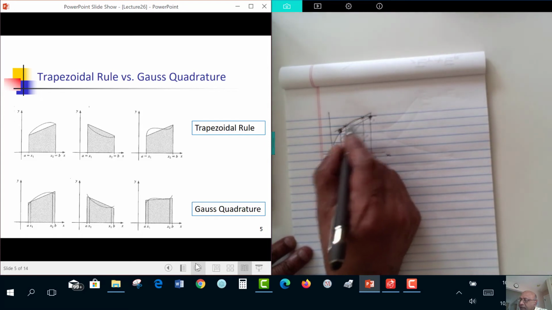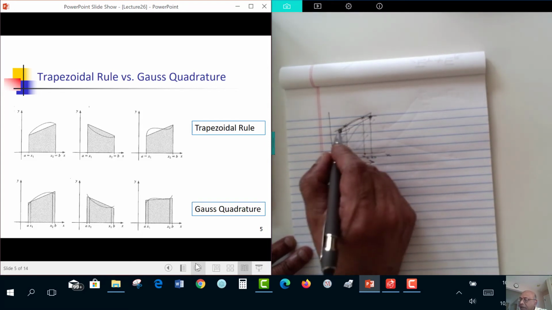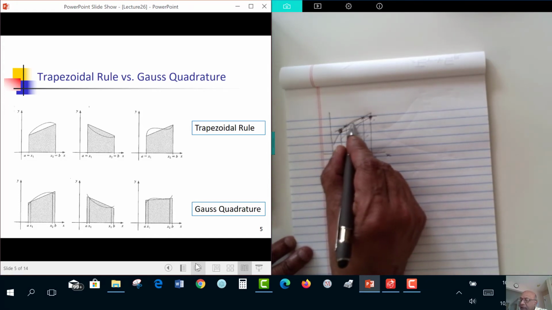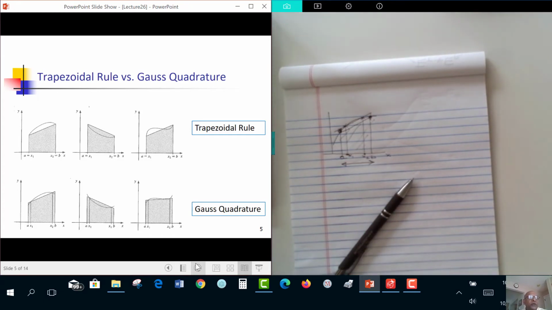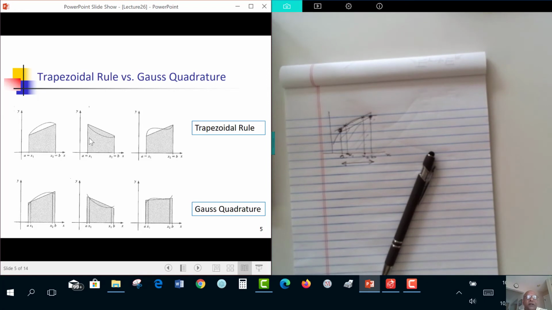But as far as the height is concerned, I'm going to average these two values rather than the values at the end. So you can see the new trapezoid that I have drawn, which is shown at the bottom here. So this is my trapezoidal rule, and this is going to be my Gauss quadrature rule, where I select x1 and x2 myself. Okay, let's see the next picture here.